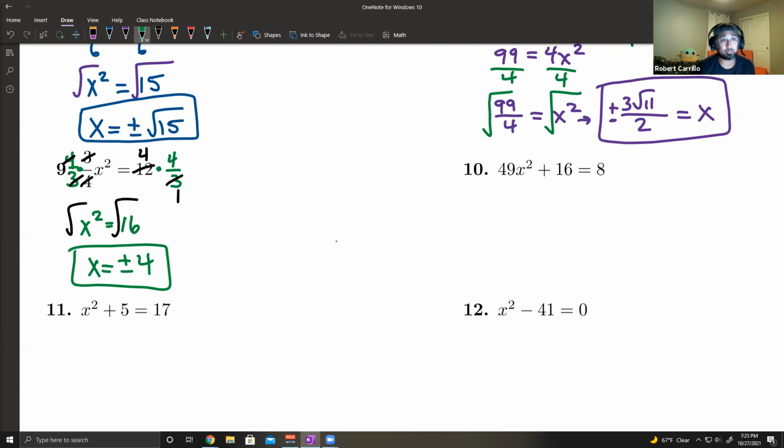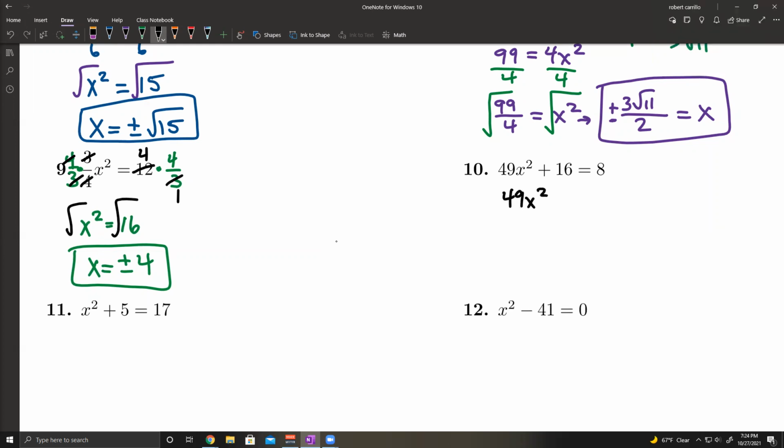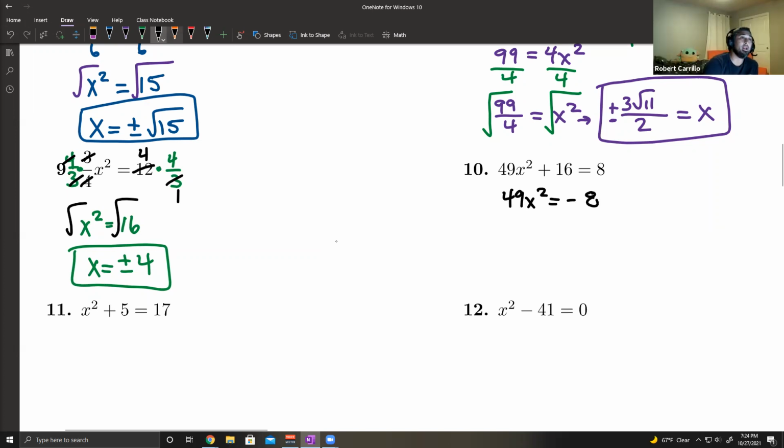All right. Again, right? So number 10, 49x squared plus 16 equal to 8. Move that 16 over, and you have 49x squared equal to -8. And then divide by 49.